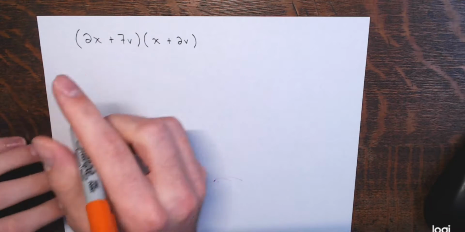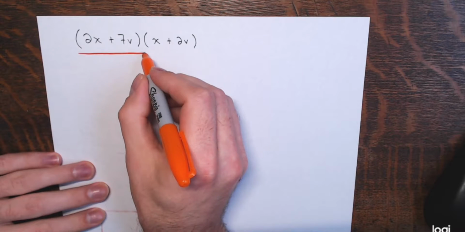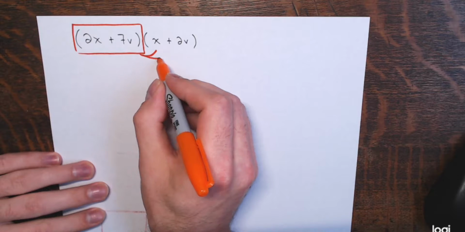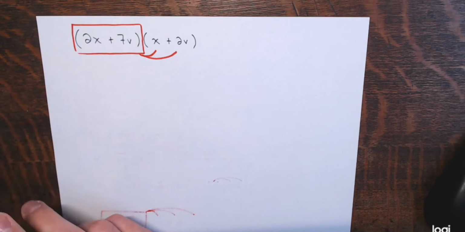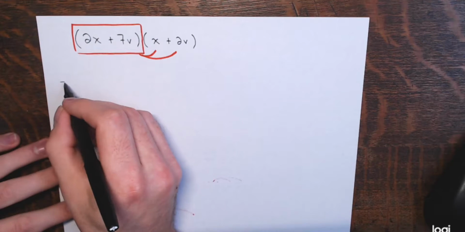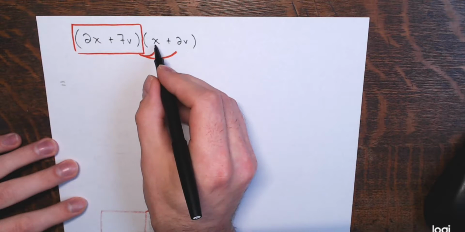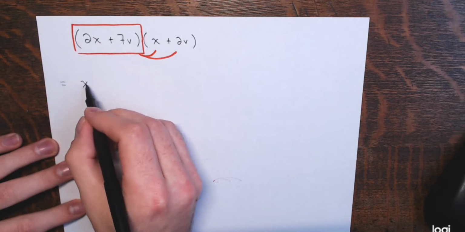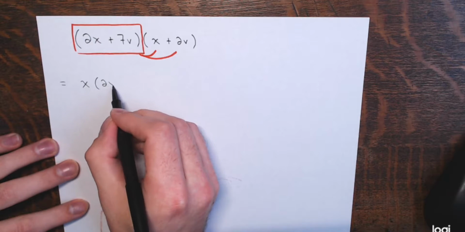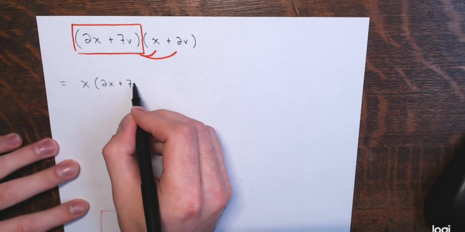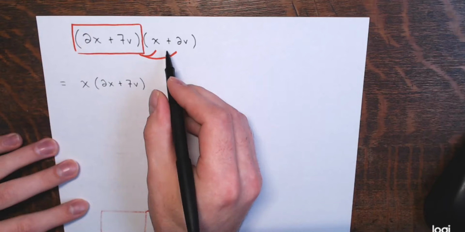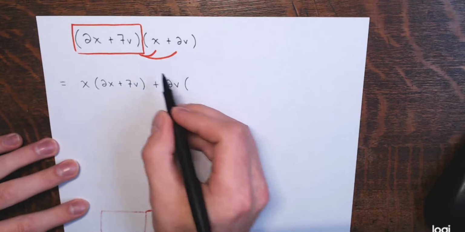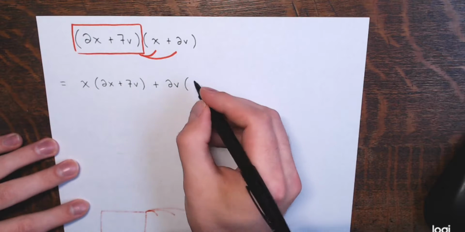I usually just like taking the left polynomial and distributing over the terms of the right polynomial. So those terms of the right polynomial are going to be multiplied by this first polynomial. Right? So the first term, x, will be multiplied by the quantity 2x plus 7v. Then plus 2v, the second term in here, is going to be multiplied by this polynomial I'm distributing, the 2x plus 7v.